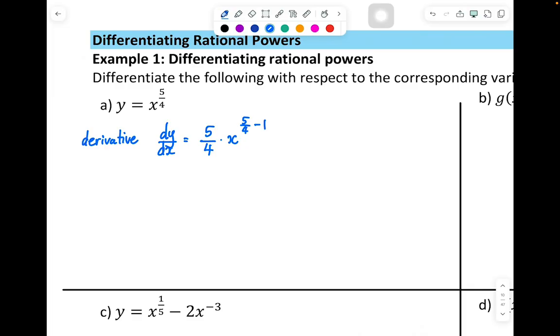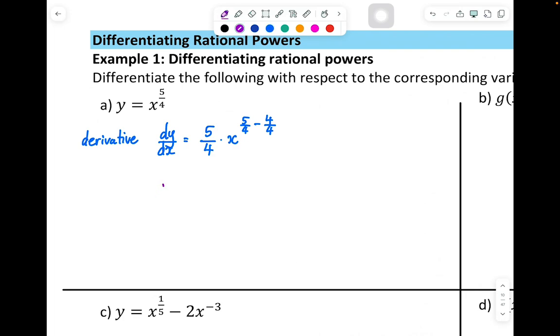But subtracting the power by 1 is the same as subtracting by whatever that whole denominator is. So every time when I look at this, I look at the denominator and I will subtract the value of the numerator with that denominator.